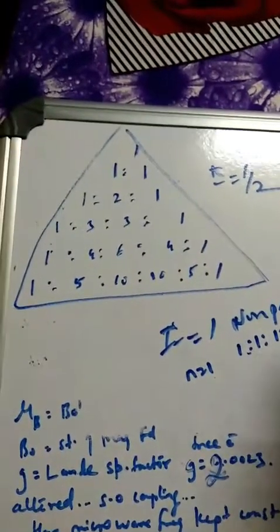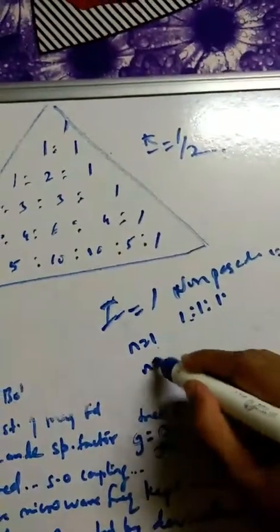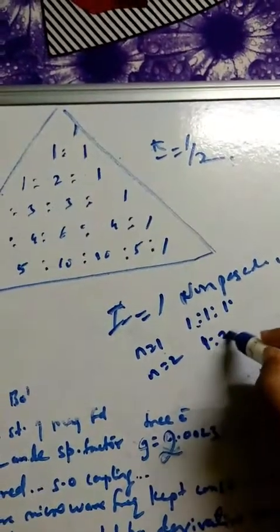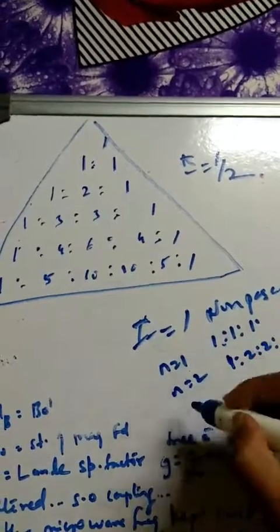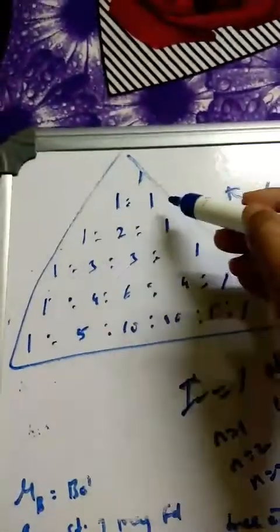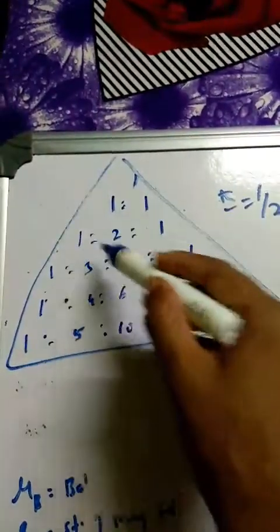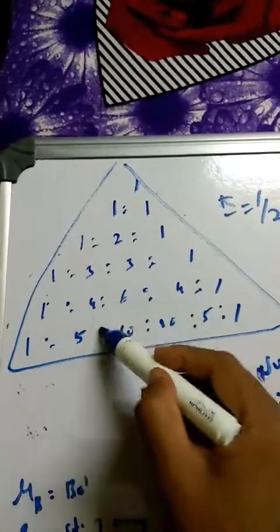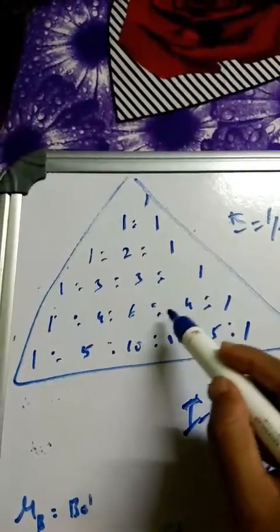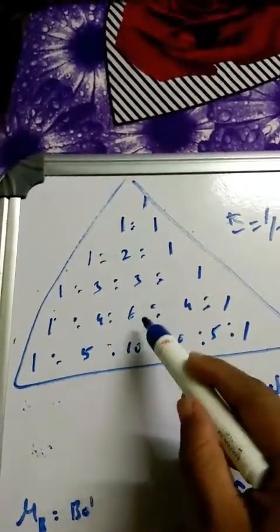If n is equal to 2, we get 1:2:2:1. If n is equal to 3, we just have to remember it in this way. So 1:1, then 1:2:1, then 1:2 plus 1, 3:3:1, then 1:4, 3 plus 1, 4, then 6:4:1, 1:4 plus 1, 5:10, 6 plus 4, 10, like this.